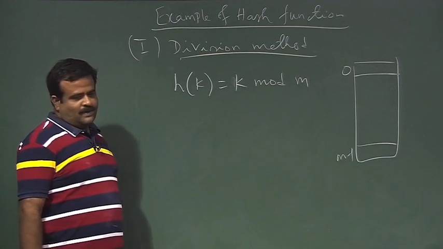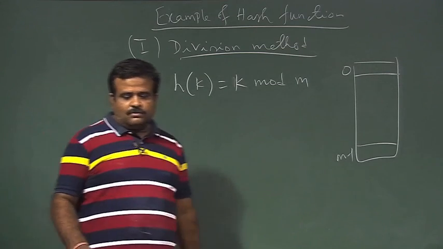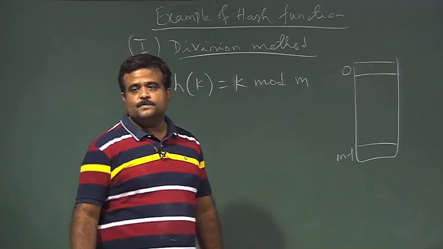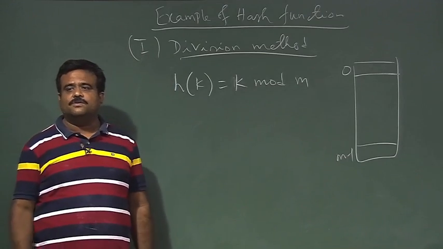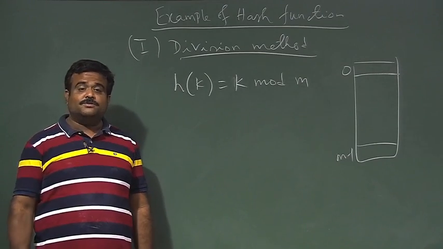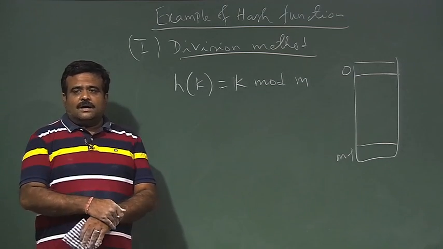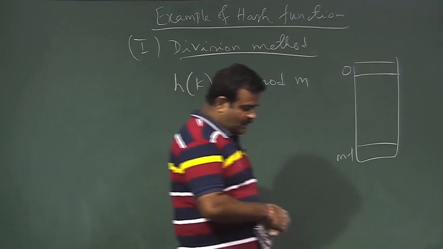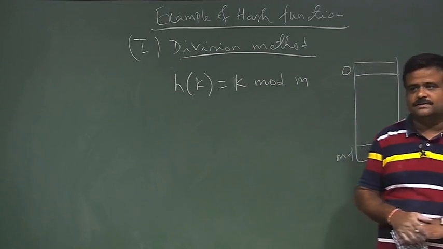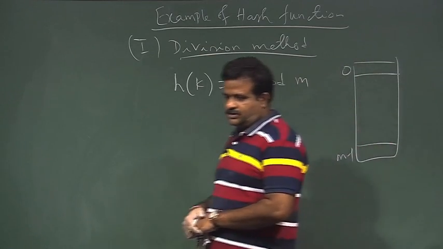So this is the hash function. Now we will talk about whether this is a good hash function or a bad hash function, that means whether it is distributing the keys uniformly over these slots, or there is a huge number of collisions.